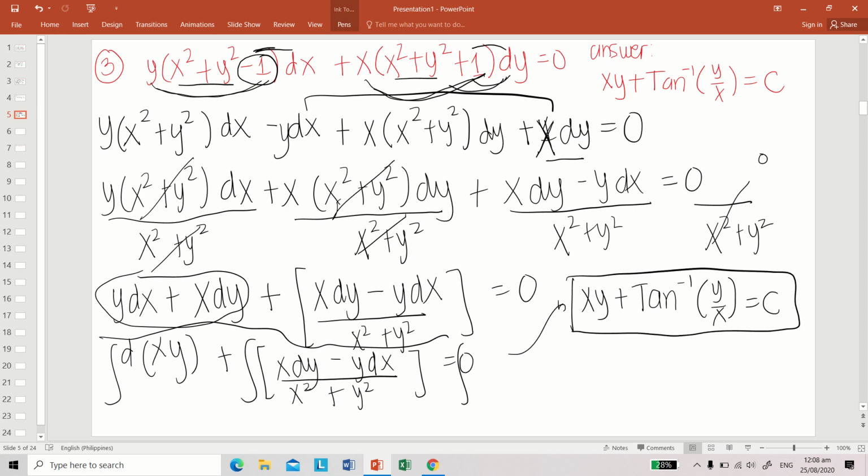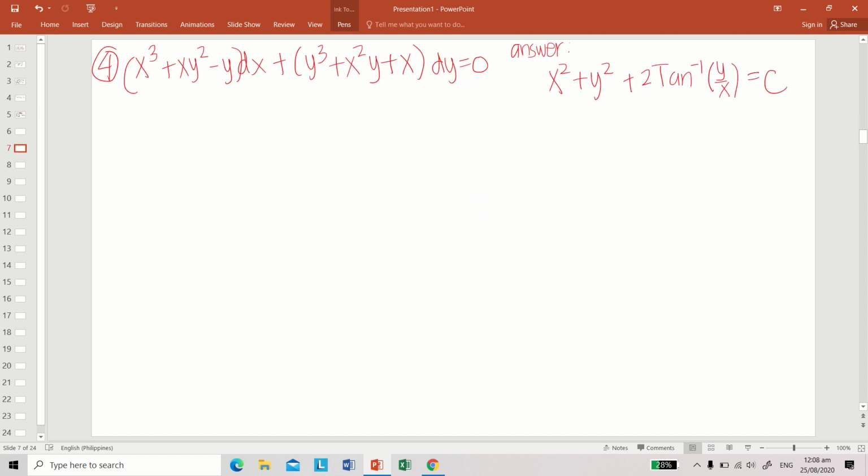So proceeding in our last example, I just changed my ink. So we are given that y quantity x cubed plus x y squared minus y dx plus y cubed plus x squared y plus x quantity dy is equals to 0. So the first thing that I'm gonna do is I'll factor x on this side, and then I'll distribute also the dx.